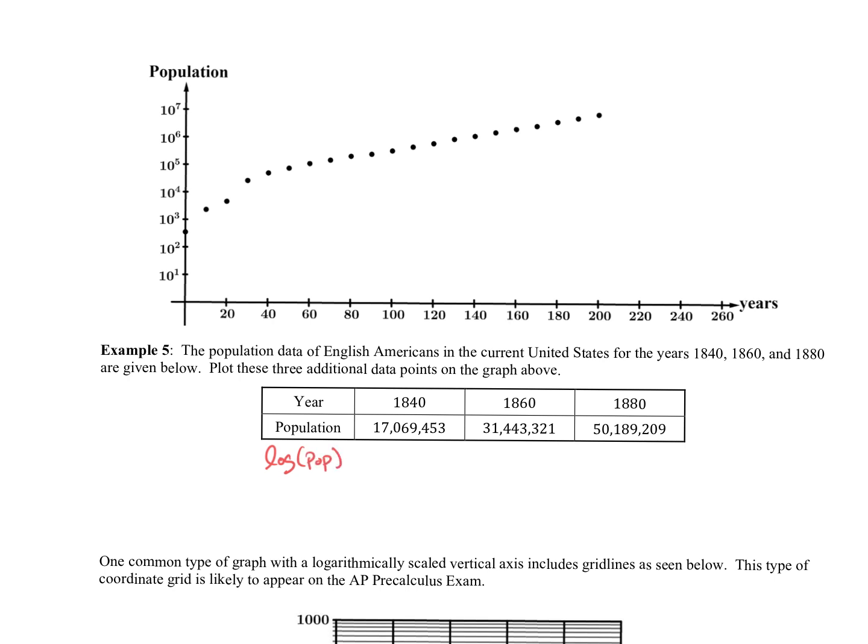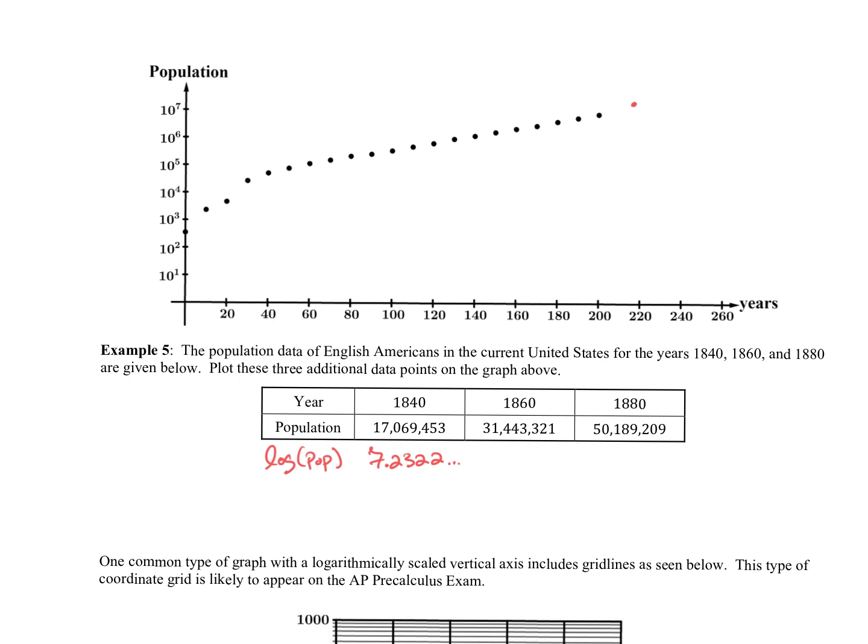And it's base 10 because it's 10 to the power of. All right, and so what we're going to do is just find the log of 17,069,453. We end up getting 7.2322, and so when we plot this, I'm going to have 10 to the power of 7.2322-ish. All right, and so now we'd have that.